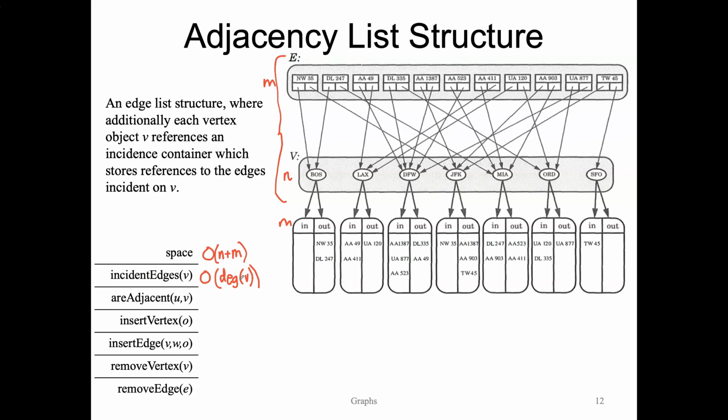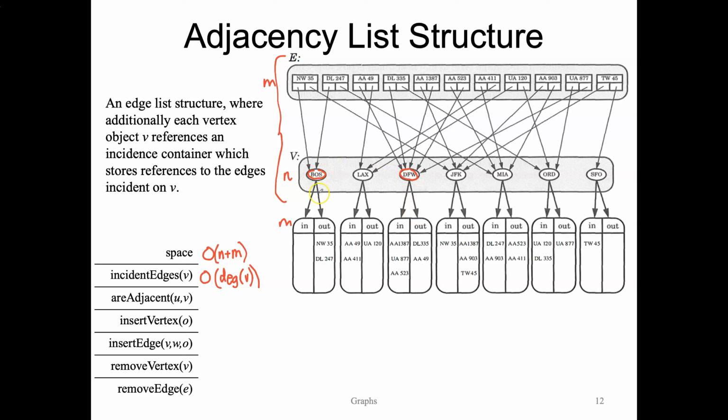We can check also if two vertices are adjacent a little bit more efficiently now. We have access to these vertices in constant time, and we can check for either one of them. We have a list of all edges. So let's say for BOS, and also for DFW, we wanted to know yes or no, are they adjacent? So we need to determine, is there an edge which connects those two vertices?